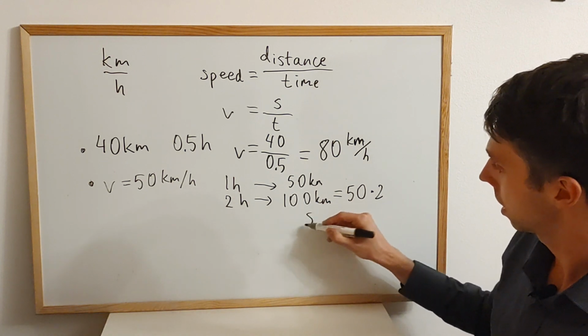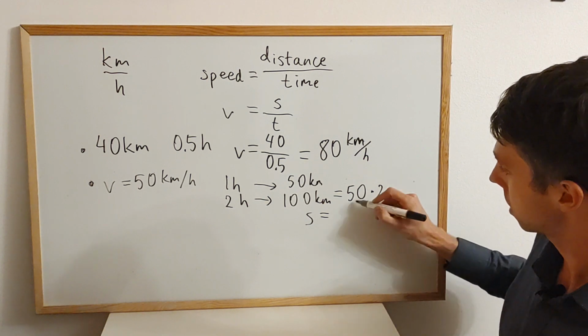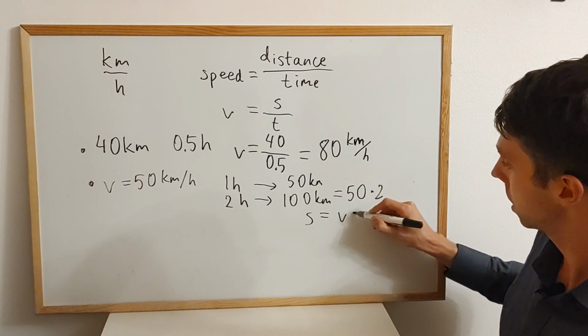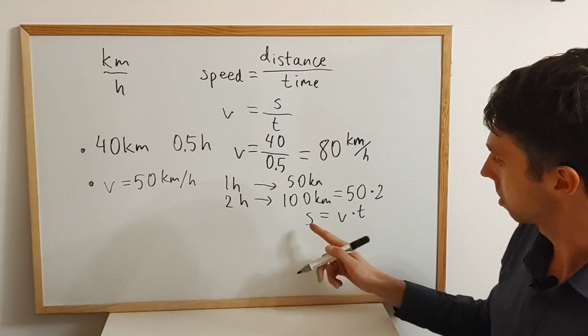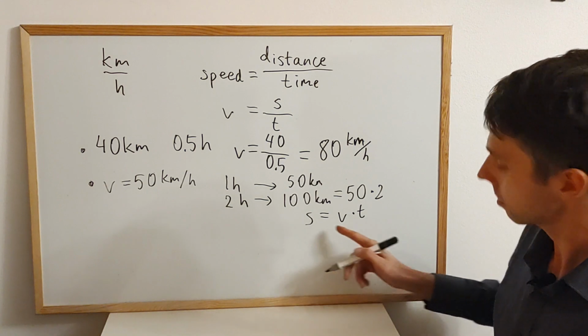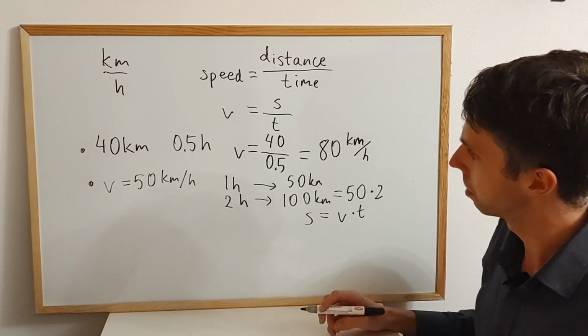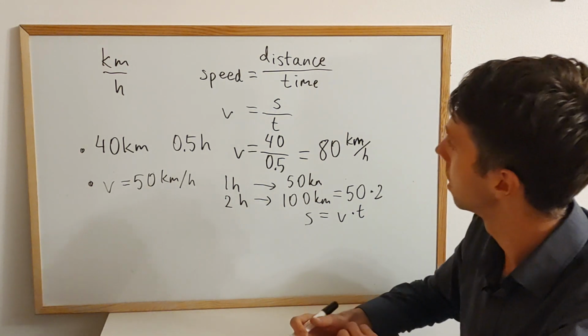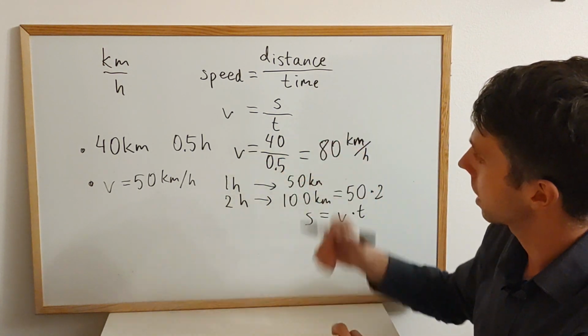So you see, you get distance s by multiplying v, speed, times t, your time. So distance is speed times time.